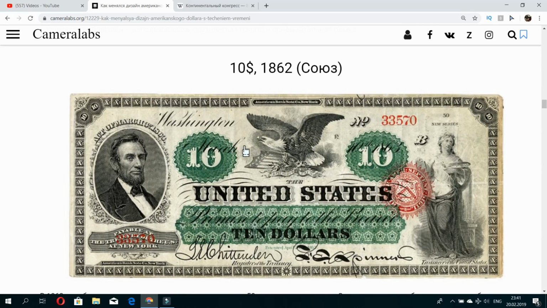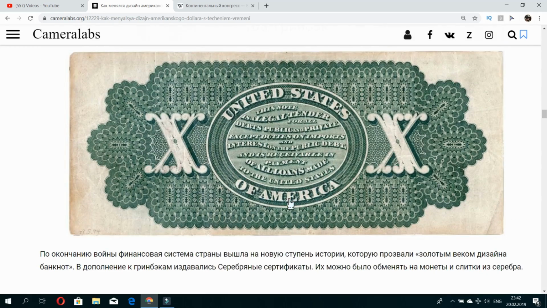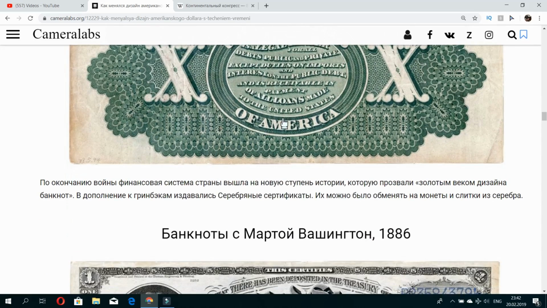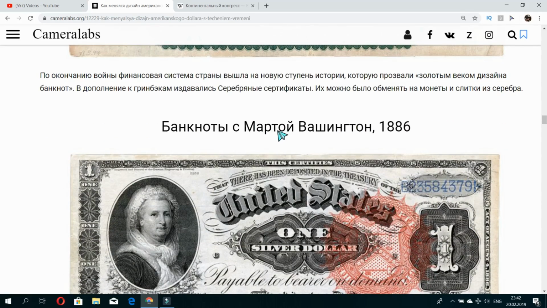Also the bird probably symbolizes something of antique times, and the tree part, whatever you call it, the olive trees or whatever, here it is. And here we have the greenback. It's the greenback of $10.